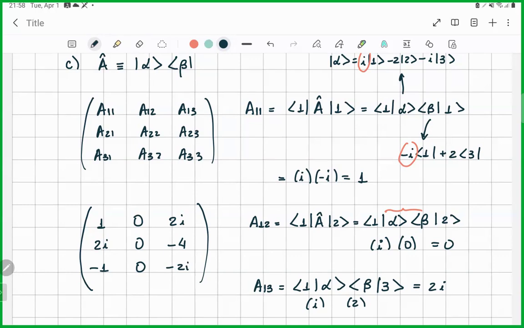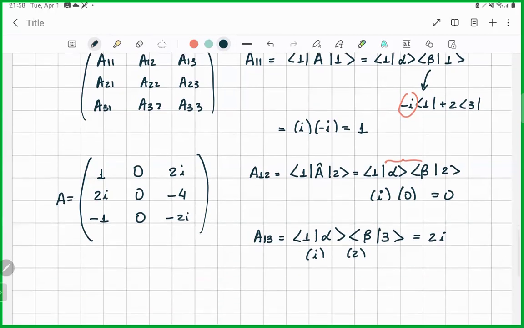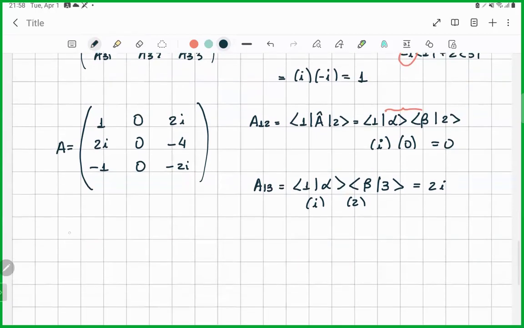And there is one last question. They are asking, oh, so is this matrix that we wrote here, this matrix A, is this matrix Hermitian? Okay, so the question is, is this matrix A Hermitian?